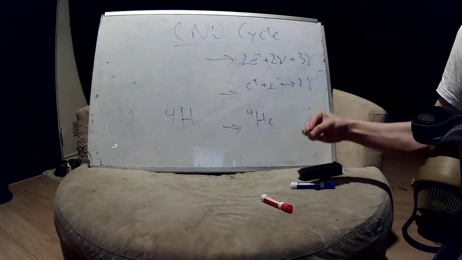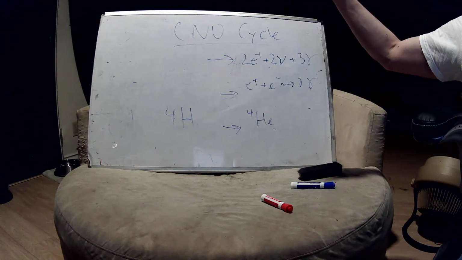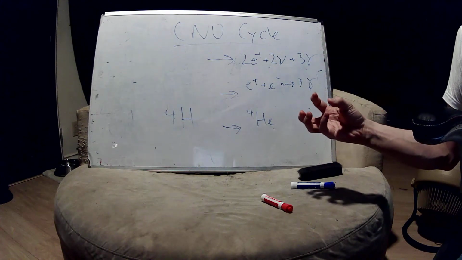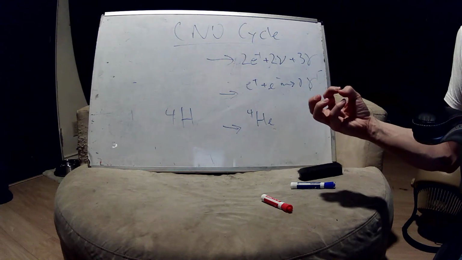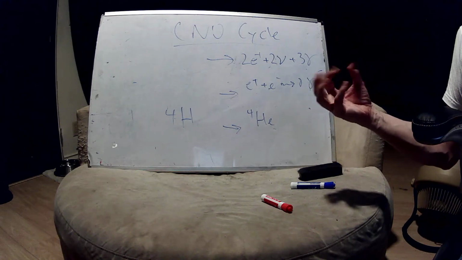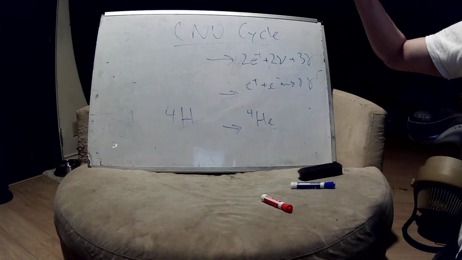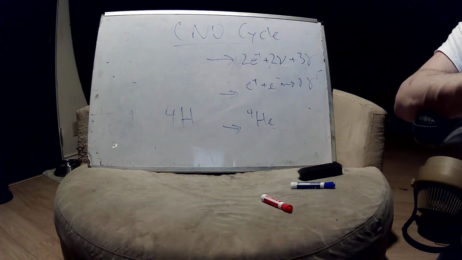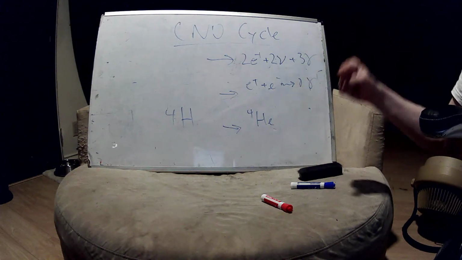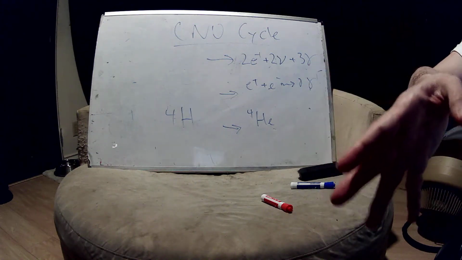And so when you burn hydrogen into helium, that tremendous energy difference, when you go from a lower energy state to a higher energy state, all of that energy from those 4 hydrogens gets released, right? And all of that nuclear binding energy, the difference between those two states, is what releases tons and tons of energy into the star.